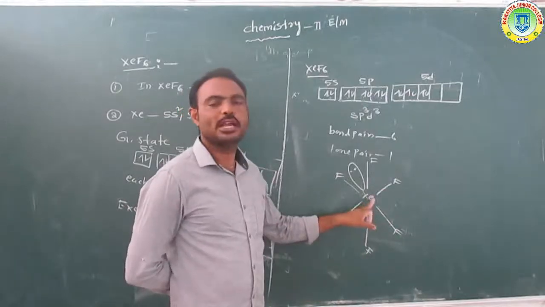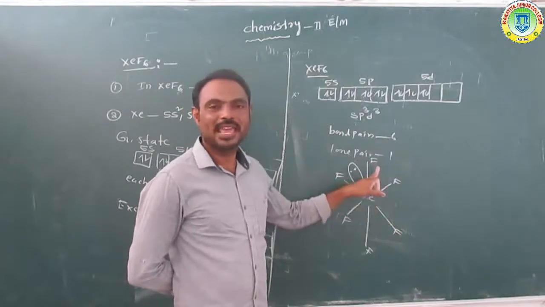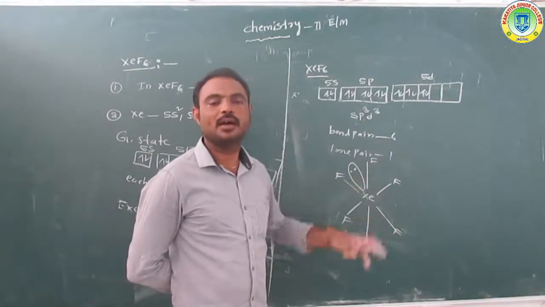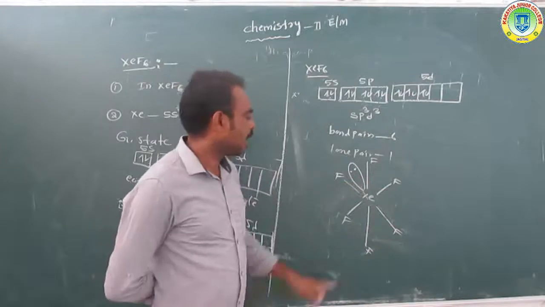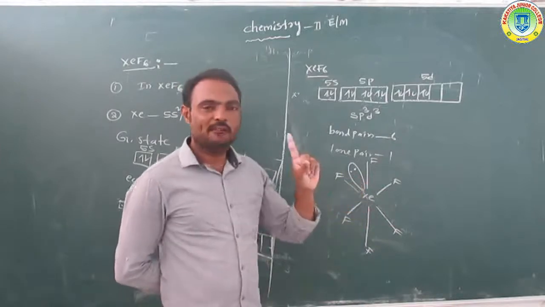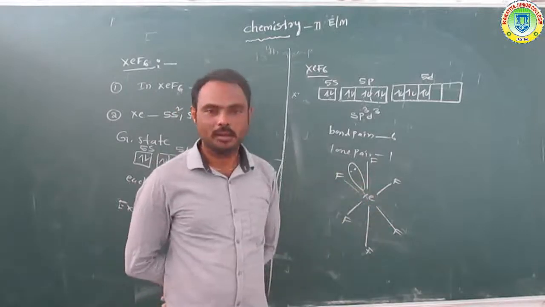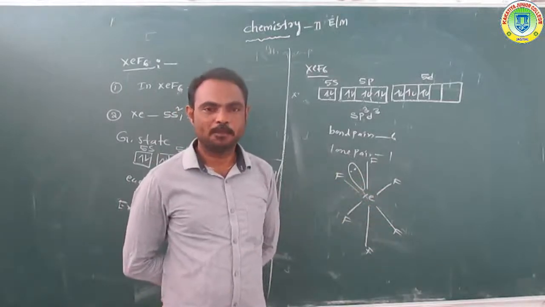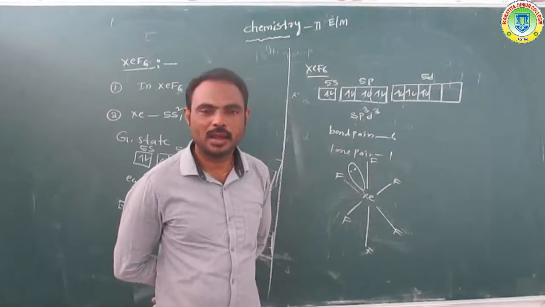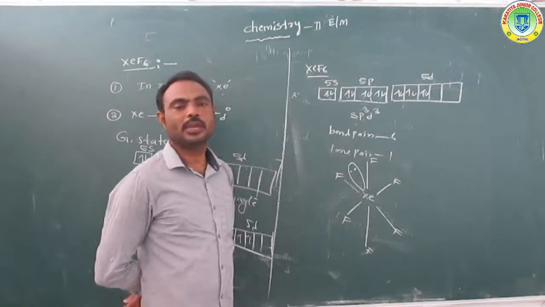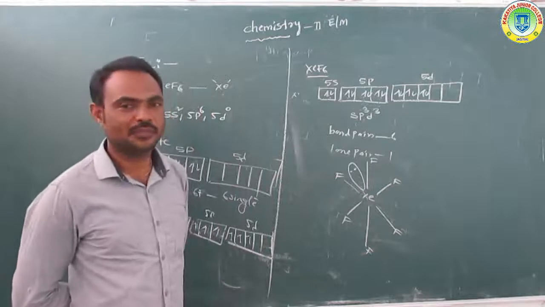The remaining 2 fluorine atoms are attached, 1 above and 1 below, and it contains 1 lone pair. That lone pair we have indicated with the orbital. What is the shape? Distorted octahedral shape. This is the structure of XeF6.